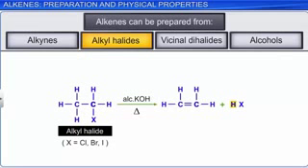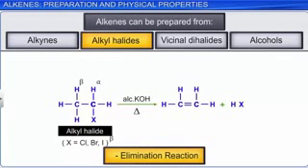The hydrogen atom for the halogen acid is obtained from the carbon atom adjacent to the carbon atom attached to the halogen atom. The carbon atom attached directly to the halogen is called the alpha carbon, whereas the adjacent carbon is called the beta carbon. Hence, the reaction is known as a beta elimination reaction.